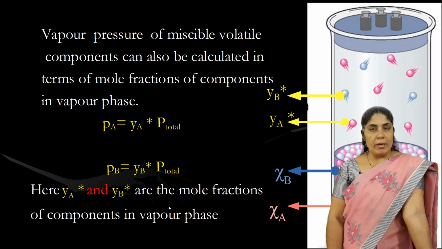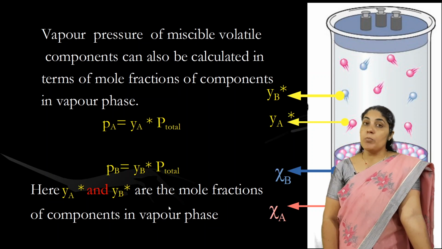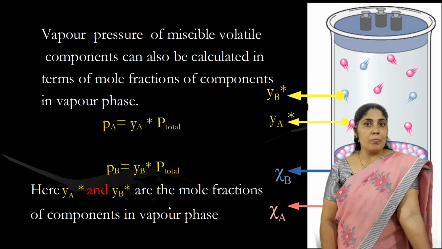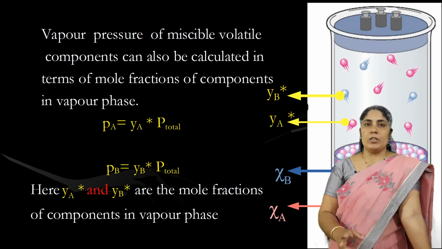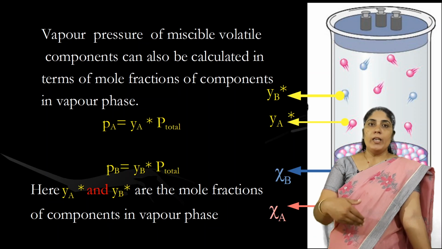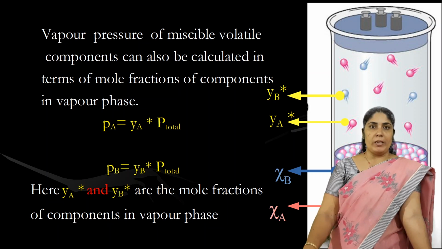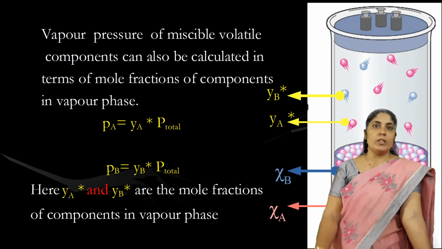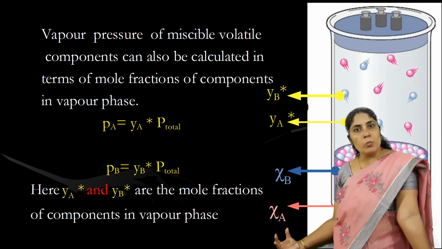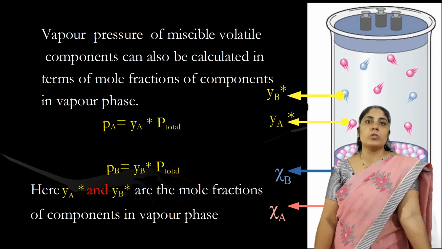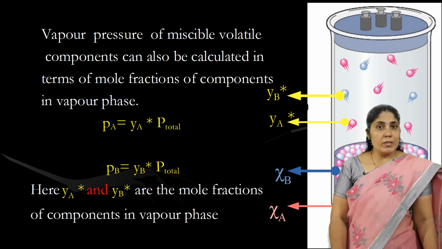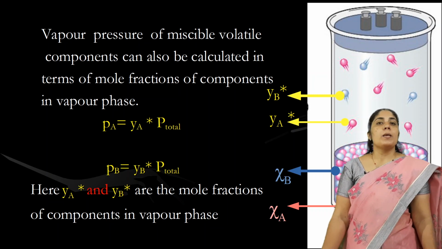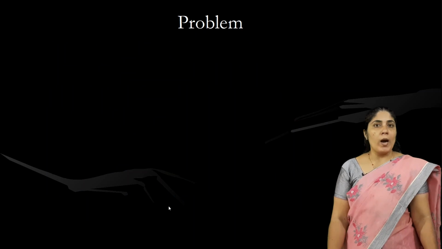Here, YA star and YB star are the mole fractions of the components in their vapor state. So you have two types of expressions where the mole fractions are considered separately, one in the solution phase and one in the vapor phase. In the solution phase, we write PA is equal to PA0 into Chi A. In the vapor state, we consider PA is equal to P total into YA star.